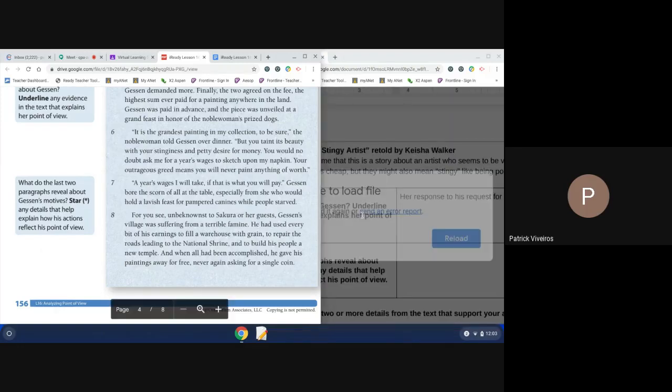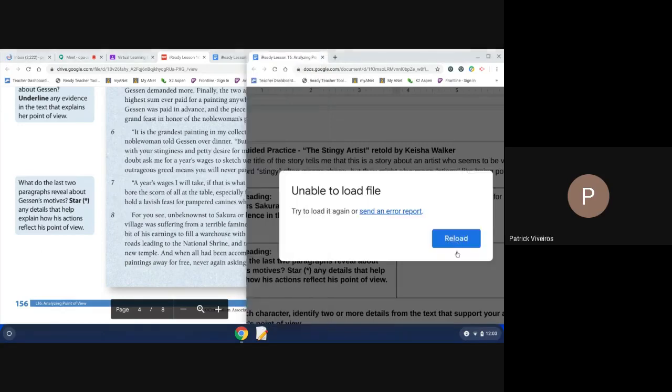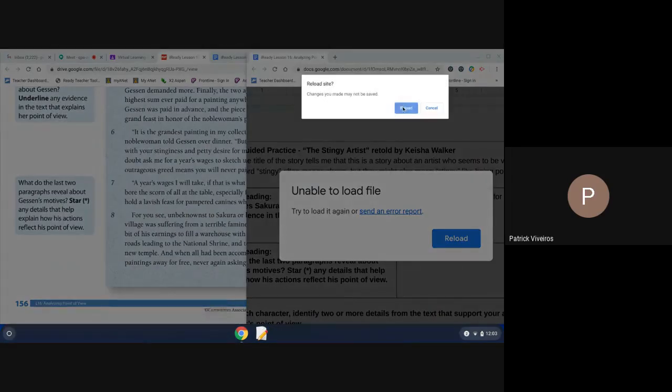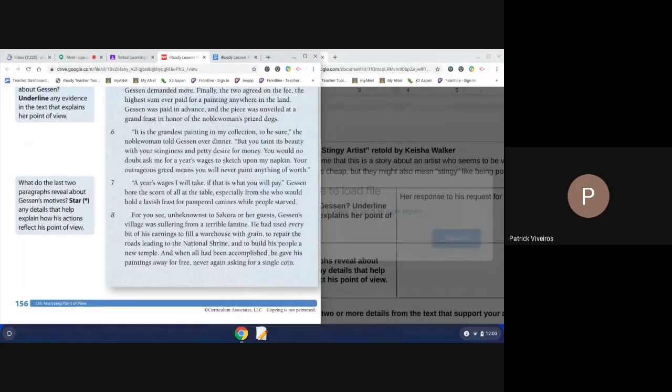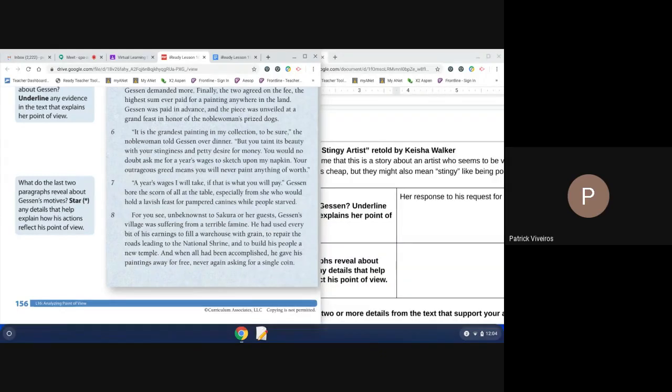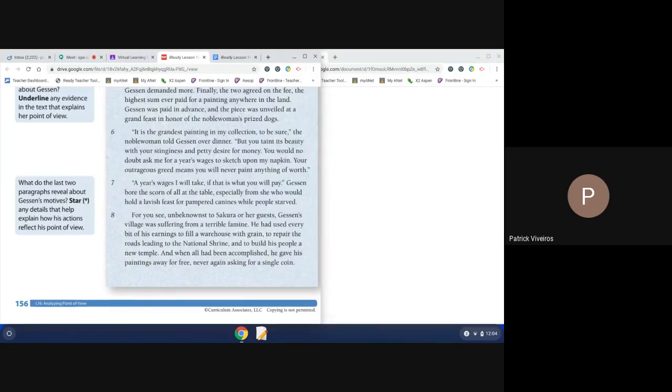paragraph 8. We learn that Gesson's village was suffering from a terrible famine, and this is something that Sakura had no idea about. So clearly Gesson's motivation and reasoning for requiring money up front from Sakura is so that he can get that money to his village in order to help them out.